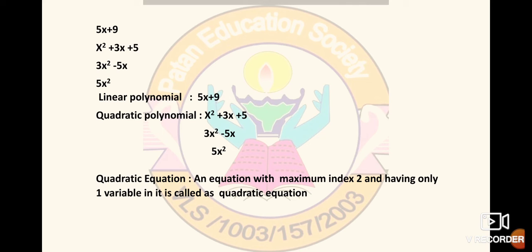Means to state or to determine a given equation as a quadratic equation, two conditions have to be followed: it should have a maximum index 2 and it should have one variable. Got it? Two conditions are there to state a given equation as a quadratic equation, and they are that the maximum index should be 2 and it should contain only one variable in it. Then you can state that equation as a quadratic equation.